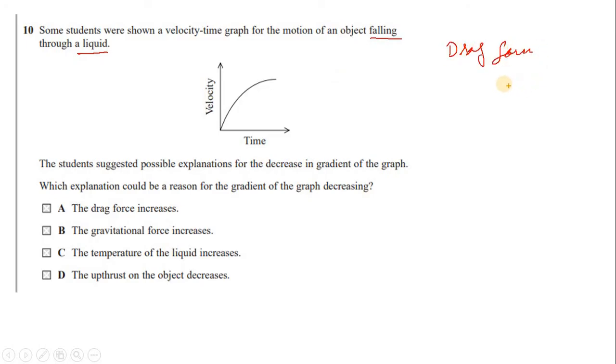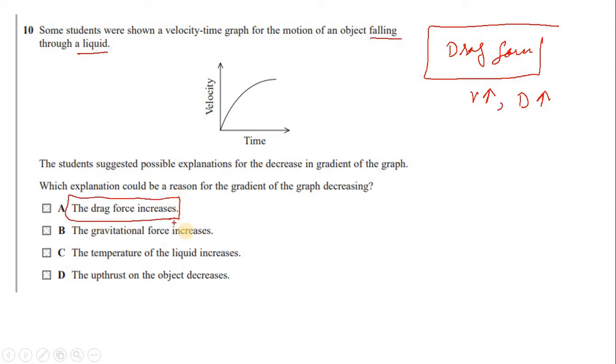Because as velocity increases, the drag force also increases until drag force balances the weight and the upthrust, if you recall. So the decrease in the gradient of the velocity time graph is due to the existence of drag force. So your option, of course, is A.